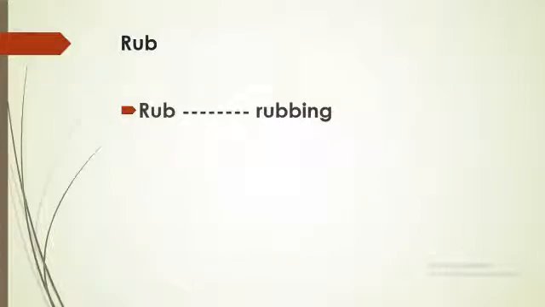Our last word is rub, RUB, rub, and we double the letter B and add ing, it becomes rubbing. RUBBING, rubbing. Yes, I hope you have understood how to add ing to the action words.